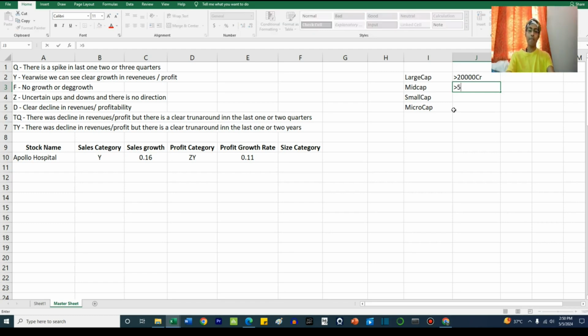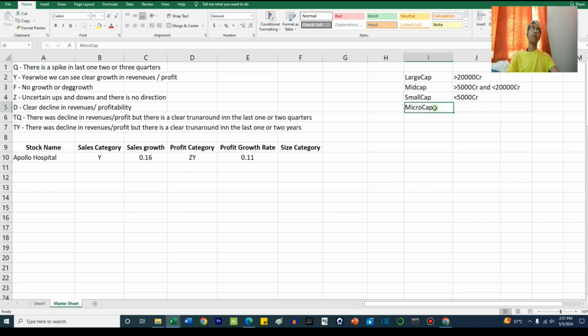So it is greater than 5,000 crores, but it is less than 20,000 crores. Okay. Small cap means its market cap is less than 5,000 crores. Any company whose market cap is less than 5,000 crores is basically what is called a small cap.